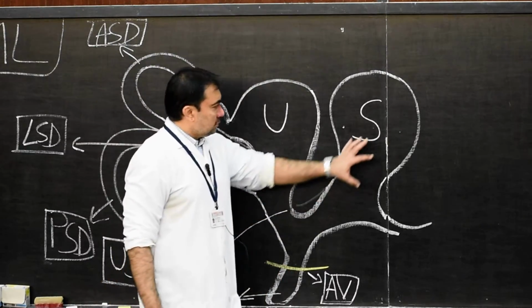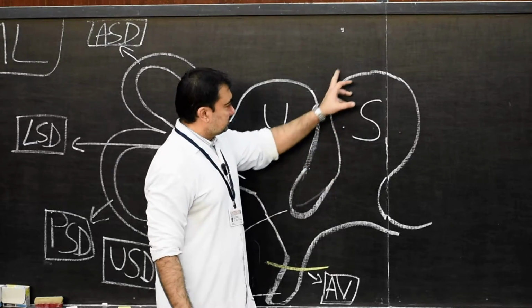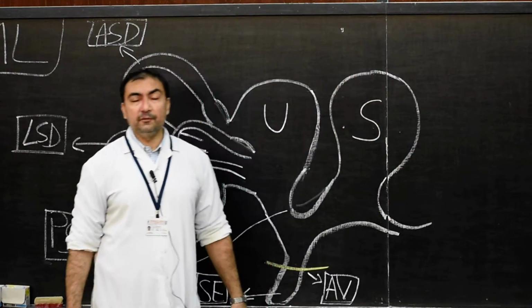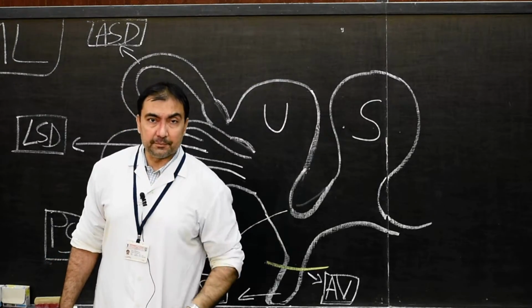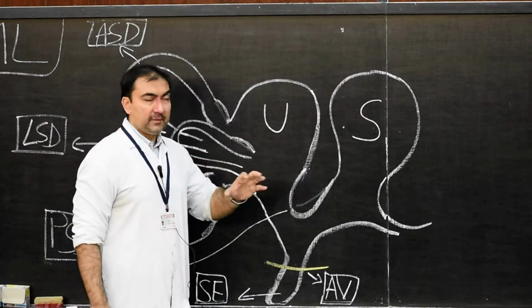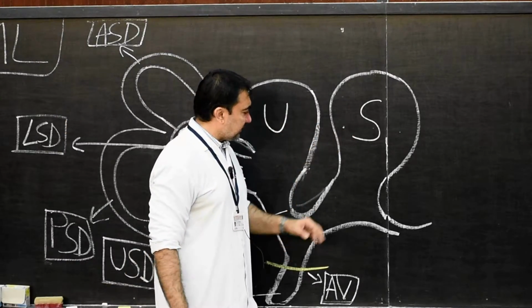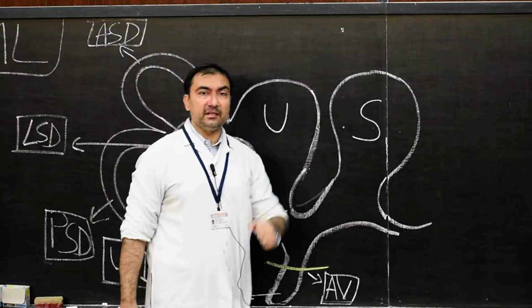Then we come to saccule. This saccule will be which shape? It will be globular shape. What is the shape of utricle? It will be oblong shape. Now these two membranous sacs, they will continue anteriorly.